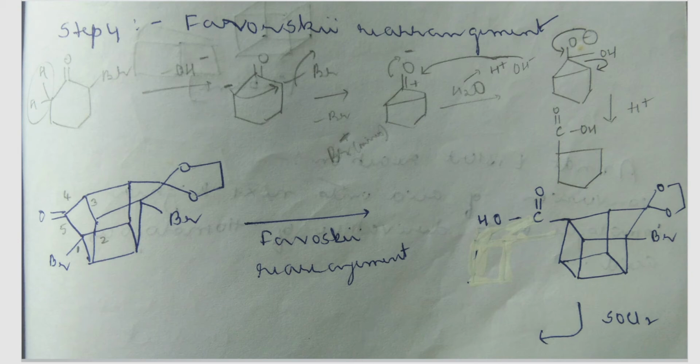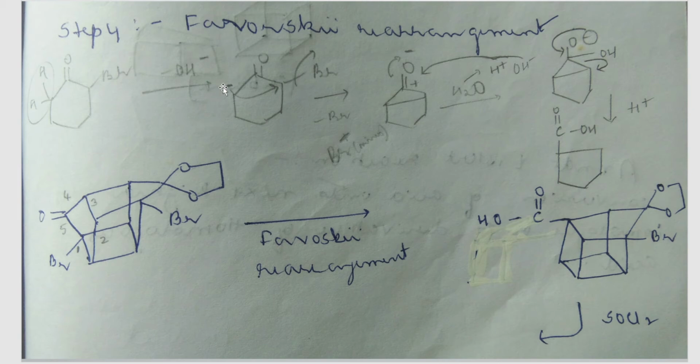Next, there's a bromine that is attached here. This bromine will leave as Br minus. So this carbon will get a plus charge.